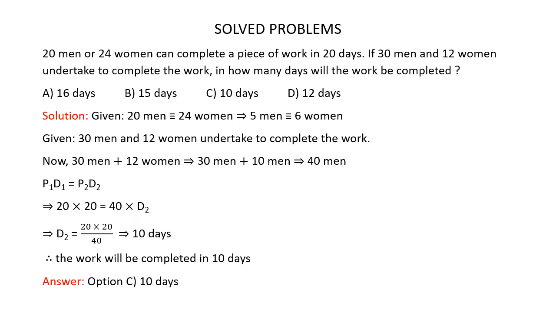So substituting all these values in this formula here, we get 20 multiplied by 20 is equal to 40 multiplied by D2. So D2 is equal to 20 multiplied by 20 divided by 40, which is nothing but 10. So the work will be completed in 10 days. The correct answer is option C, 10 days.